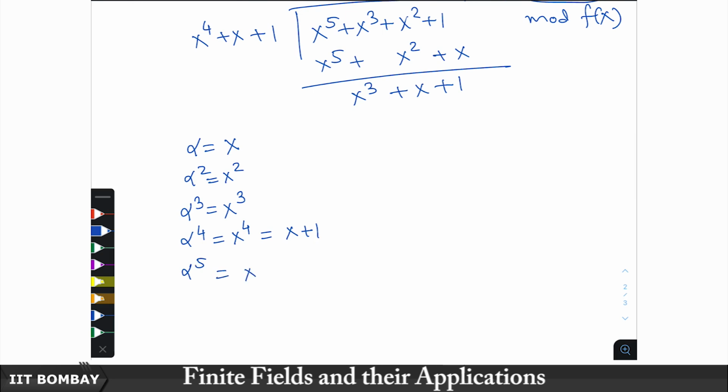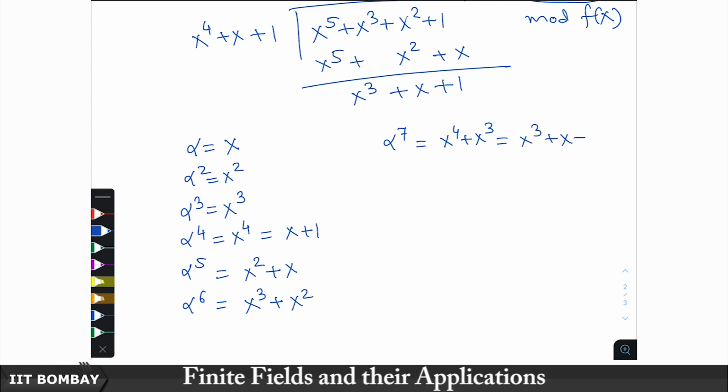So, this is the element x plus 1, then alpha power 5 we multiply by x every time. So, it becomes x square plus x, alpha power 6 is x power 3 plus x square, alpha power 7 equal to x 4 plus x cube.